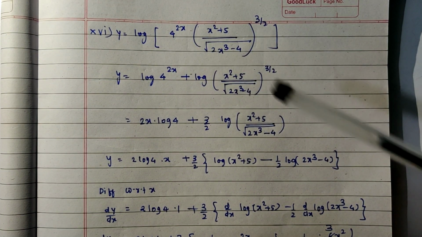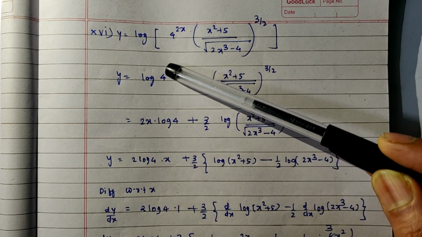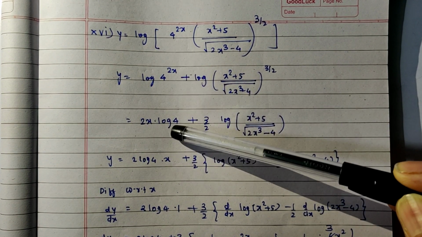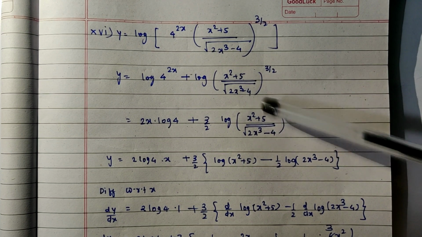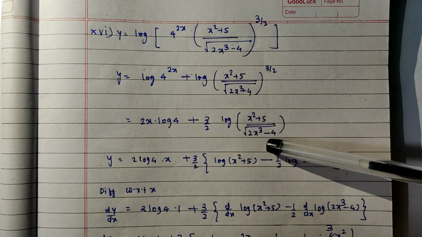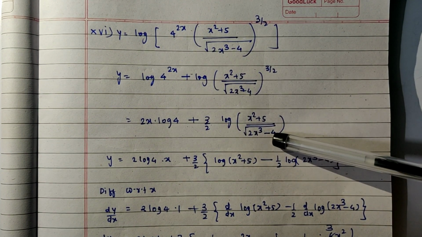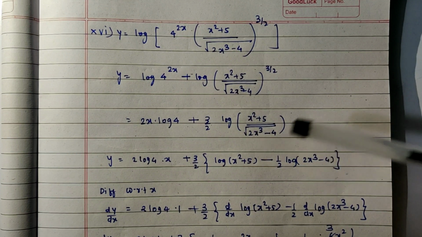The next law of logarithm we use is log m raised to power n is n log m. Here also n log m, that is 3 by 2 into log of x square plus 5 upon root of 2x cube minus 4.